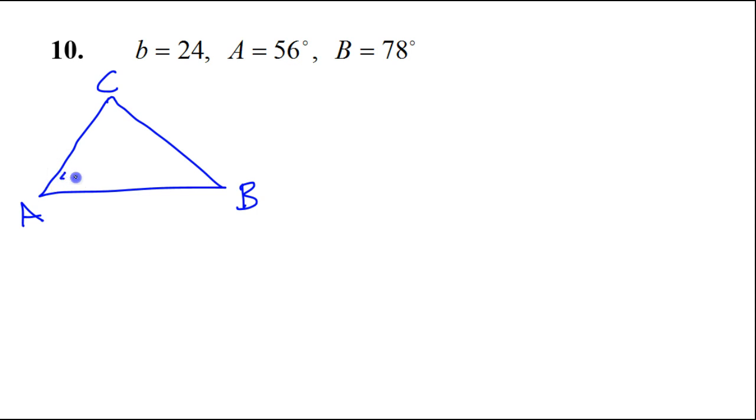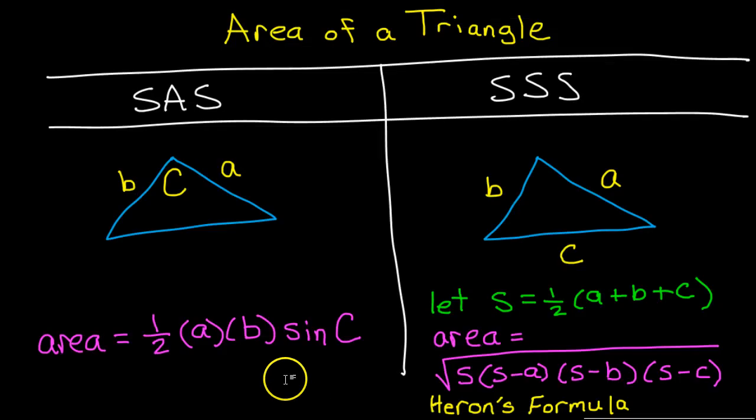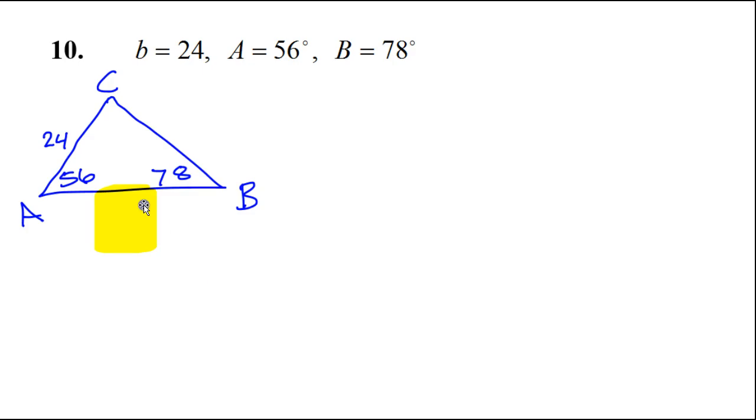We're told that angle A is 56 and angle B is 78, and side B is 24. Alright, look, if only we had side C right here. If we had that, then we'd have side, angle, side, and we could use the area formula that involves side, angle, side. So that's going to be our goal, to find that.